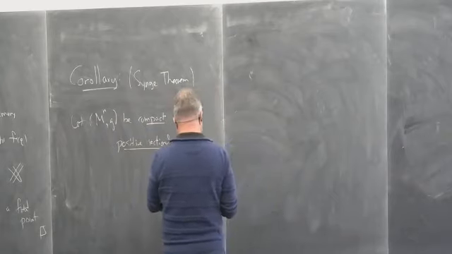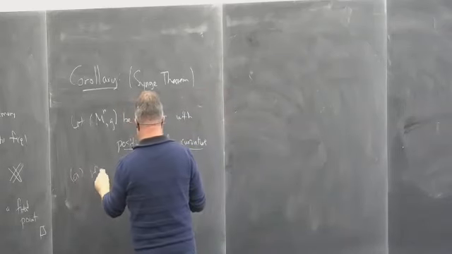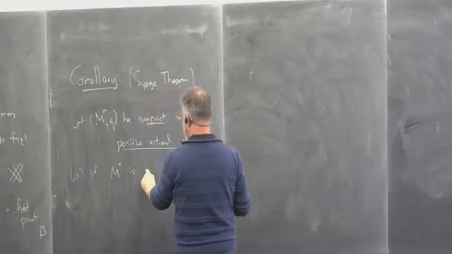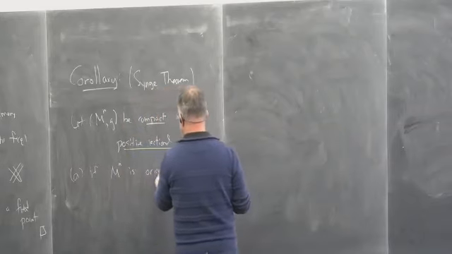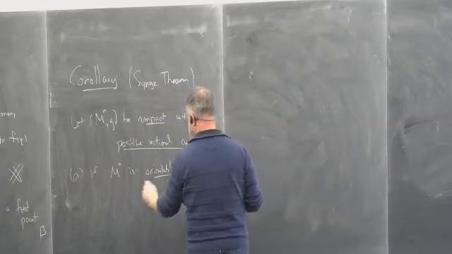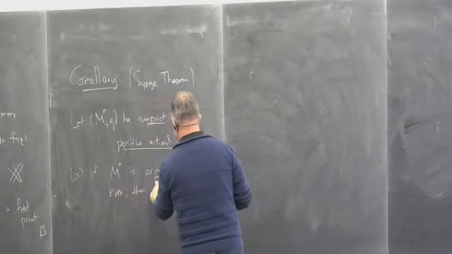So positive sectional curvature, and the theorem has two parts. If M is orientable and n is even, then M is simply connected.